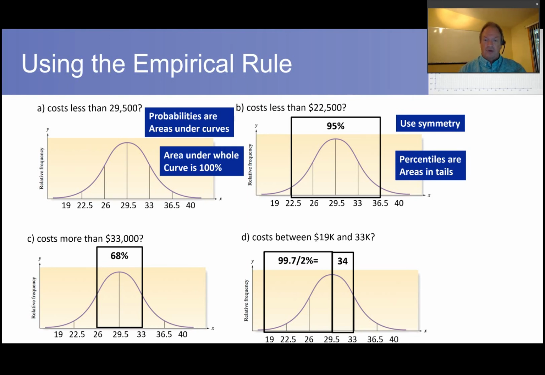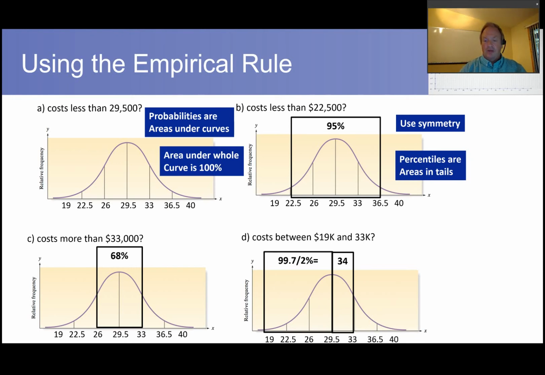It's going to be 49.85% from this lower tail plus 34% from this upper tail. So the total area under this curve is going to be 83.85%. And so this is how we use the empirical rule to compute probabilities.